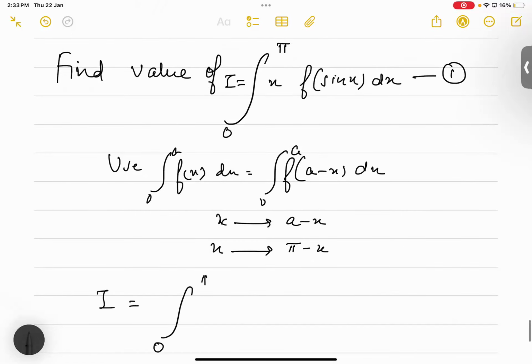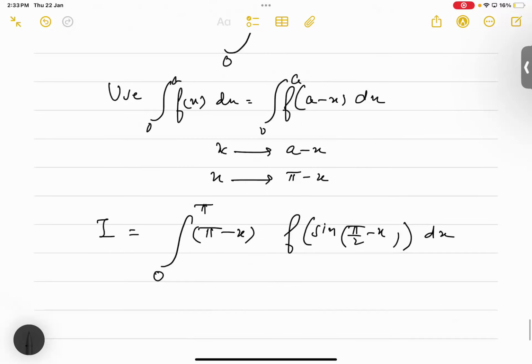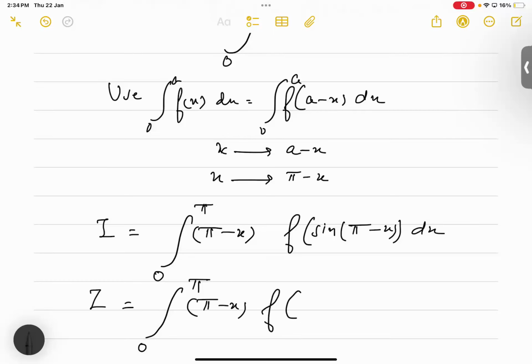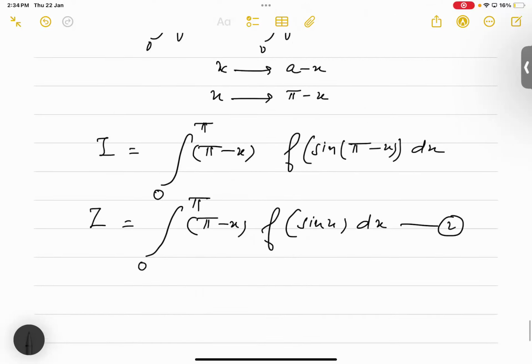So 0 to pi, pi minus x, f of sine pi minus x. Sorry. So 0 to pi f of sine x. Add 1 and 2.